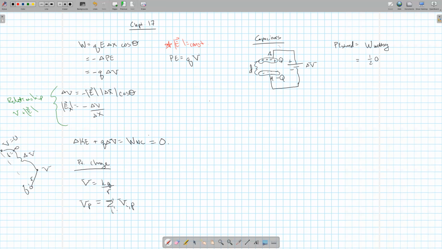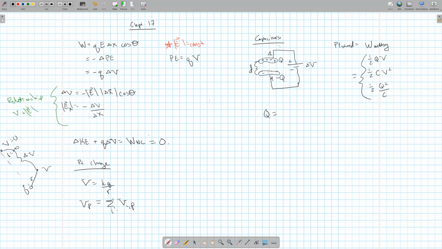It's either 1/2 the charge times the potential across the plates, or 1/2 the capacitance times the potential across the plates squared, or 1/2 the charge on the plates squared divided by the capacitance, where this charge is simply the charge on the positive plate, since the charge on the negative plate is the same, just opposite in sign. So this is the energy which is stored.